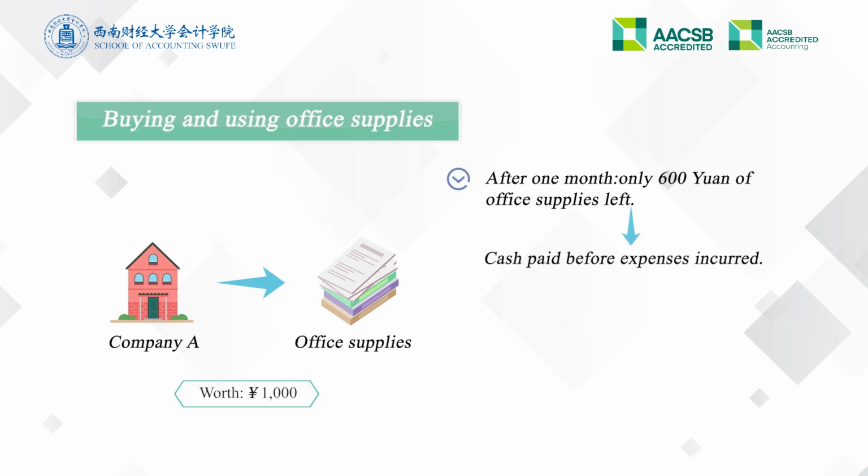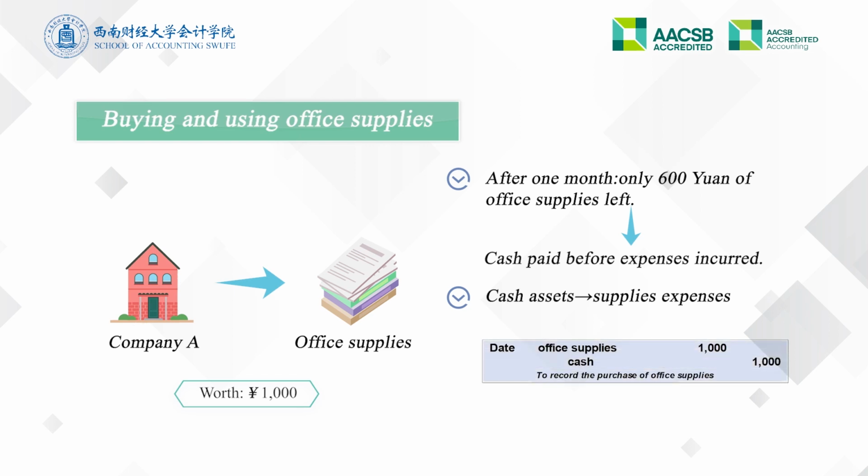Okay, it is another example that cash paid before expenses incurred. So the cash assets first are converted into office supplies assets and then consumed as supply expenses during this month.